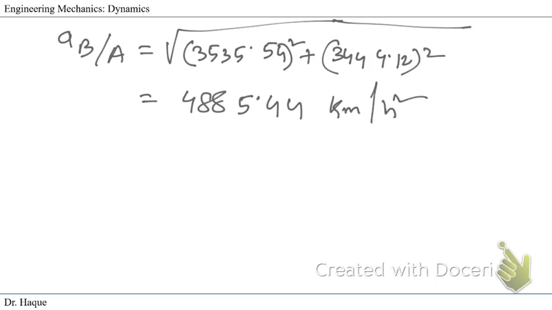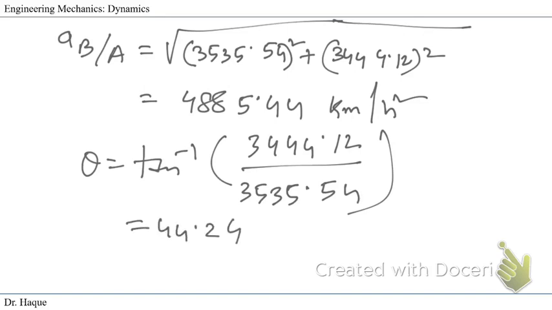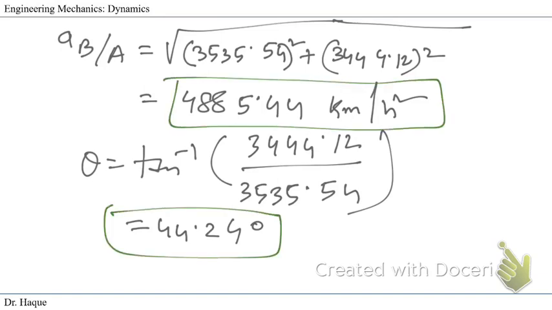And if we do the angle, theta equals tan inverse of 3444.12 over 3535.54. If we do this, we'll get theta equals 44.24 degree. So this is our angle, and this is the magnitude.